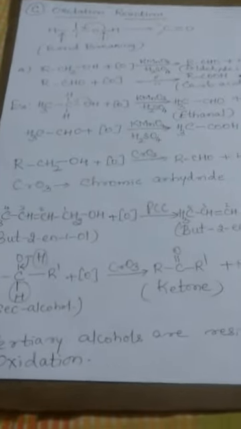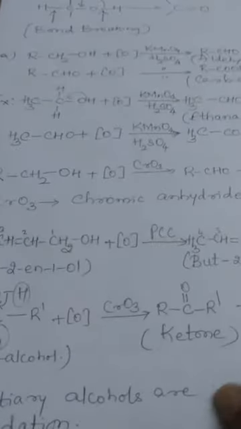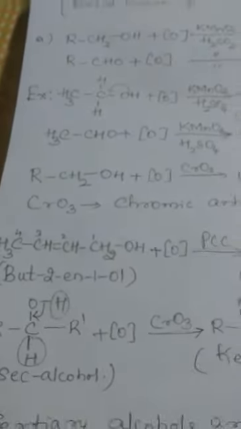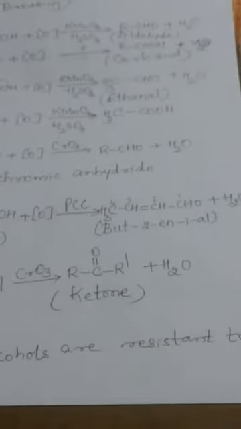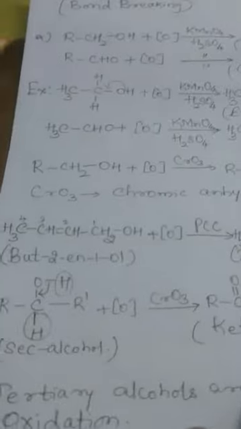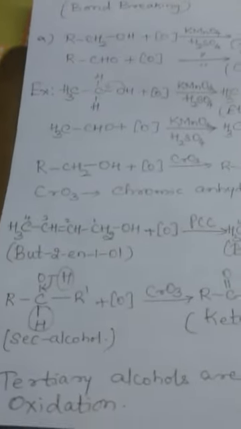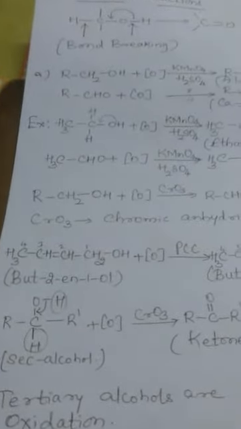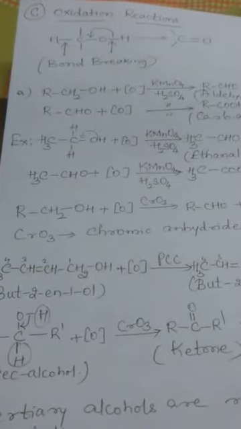Remember, tertiary alcohols are resistant to oxidation. This is a very important point. So tertiary alcohols do not undergo oxidation reactions. The reason is that cleavage of both O-H and C-H bonds is difficult.